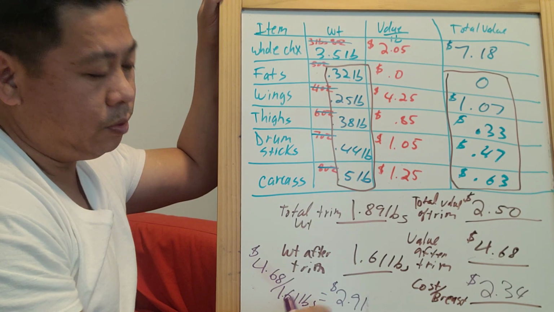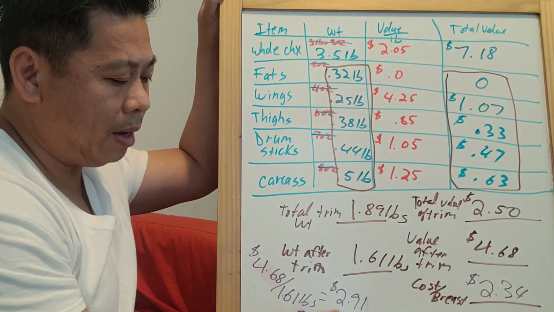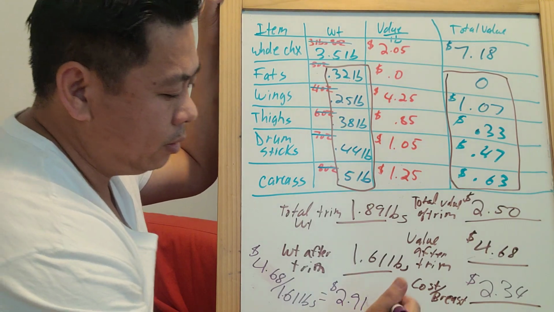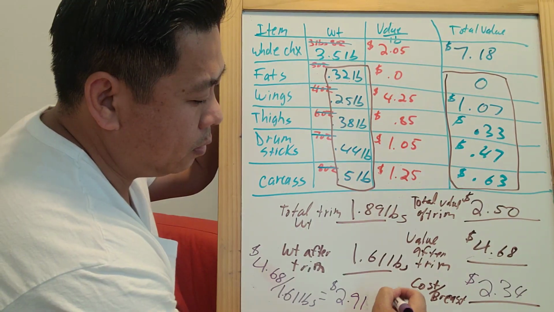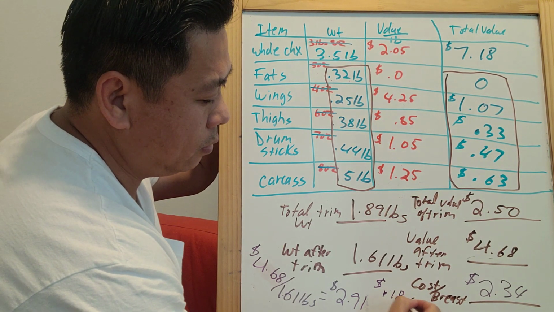Now, if you know this is $2.91 per pound, if you divide that by 16, it'll give you about 18 cents per ounce.